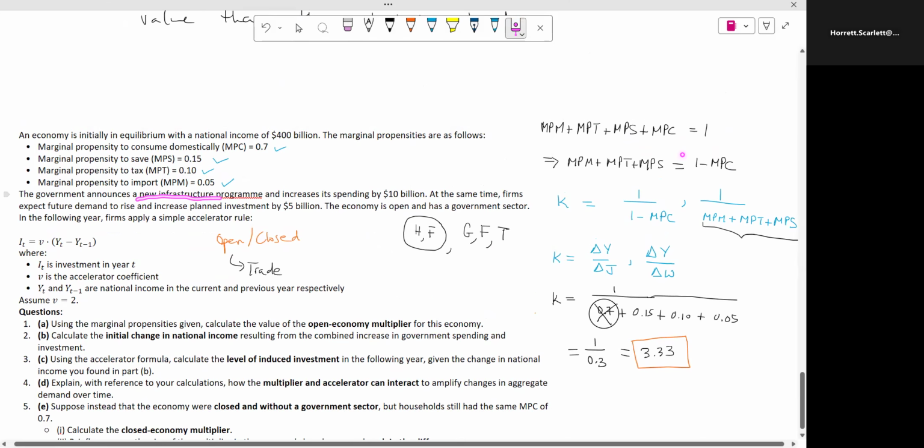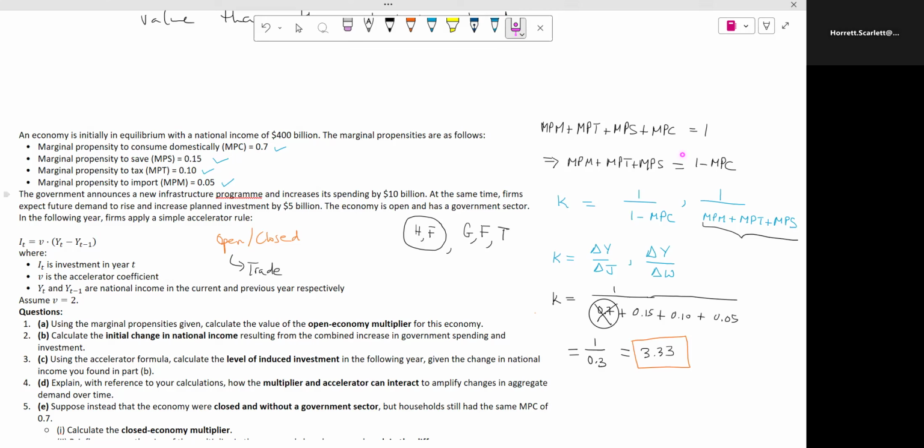And because of this, the government is going to increase spending by $10 billion. So in other words, the government is pumping some money into the economy because they want to create a better infrastructure for businesses to operate.